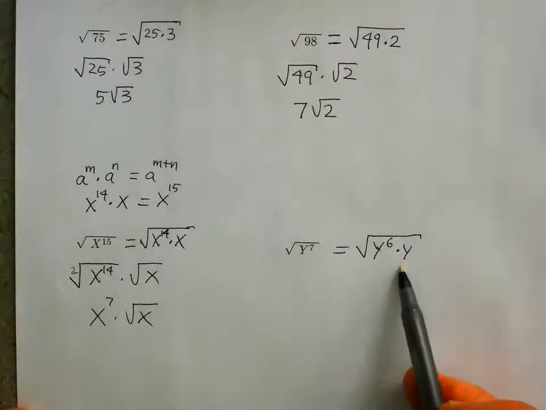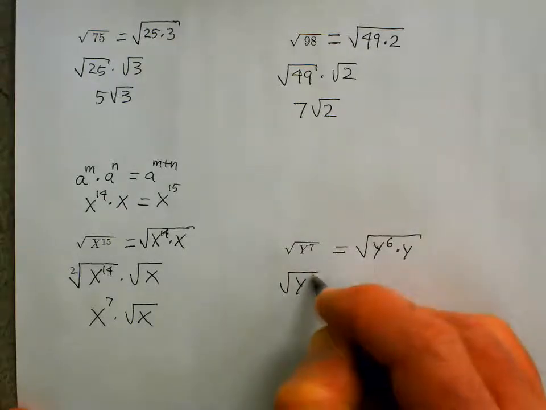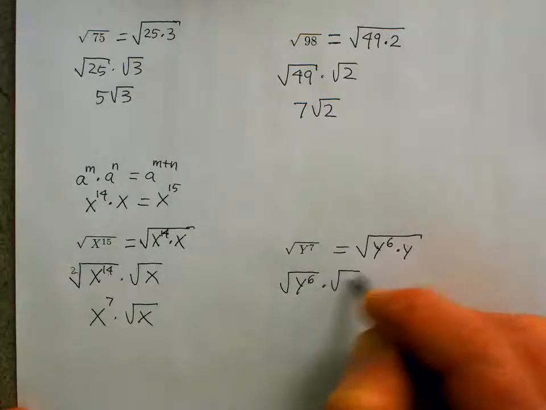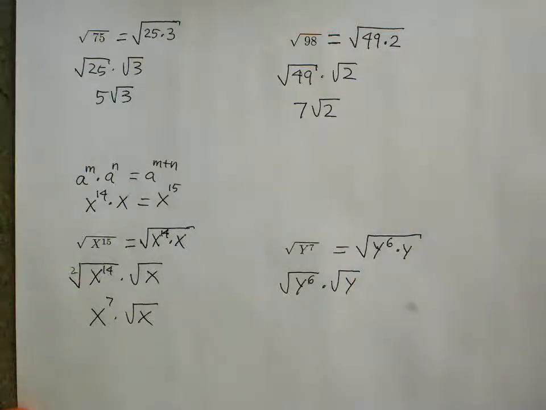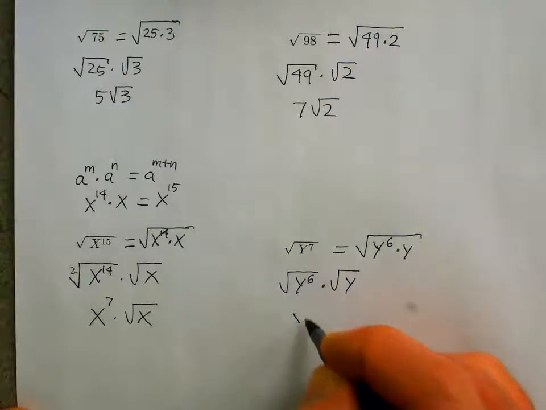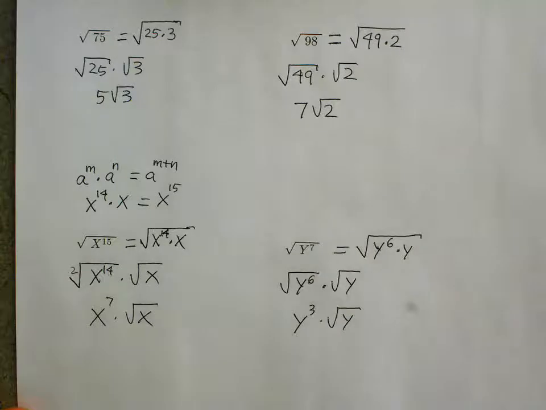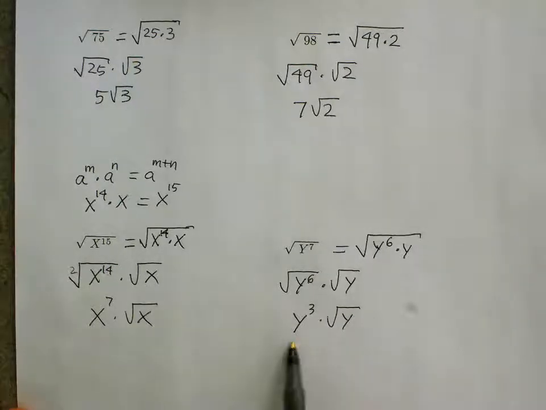Then the square root of y to the 6th times y is the square root of y to the 6th times the square root of y. And then simplify the square root of y to the 6th. The square root of y to the 6th is y to the 3rd. So our simplified result is y to the 3rd times the square root of y.